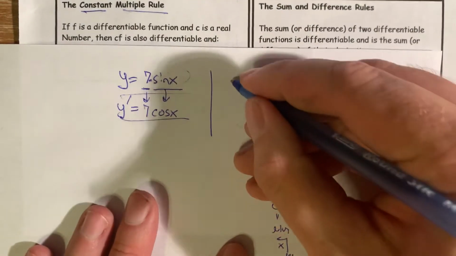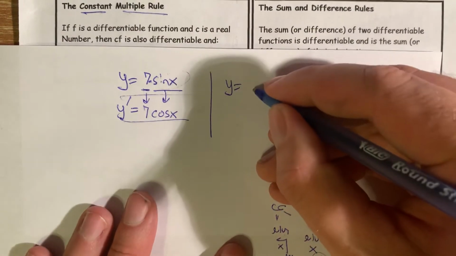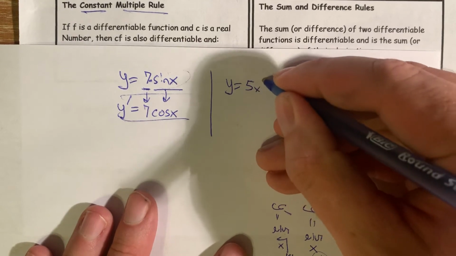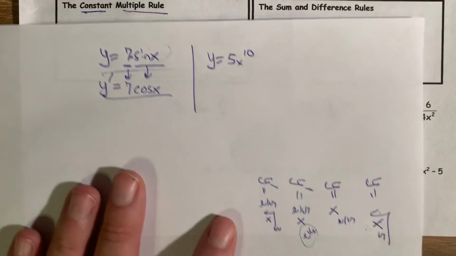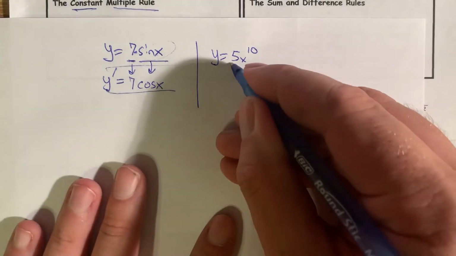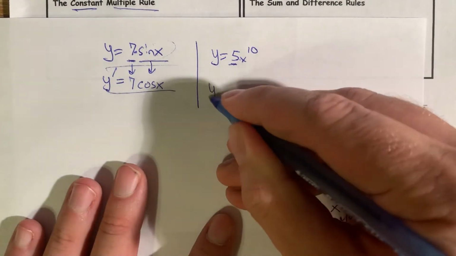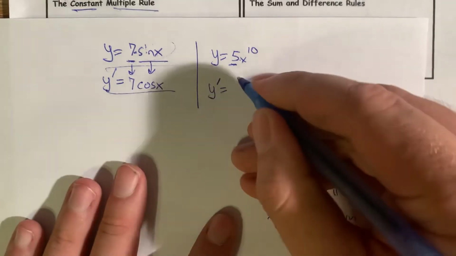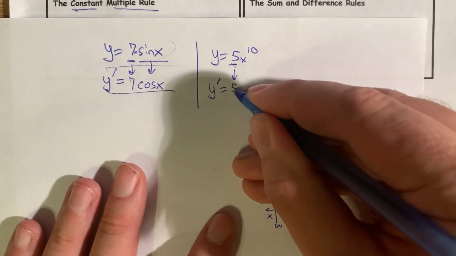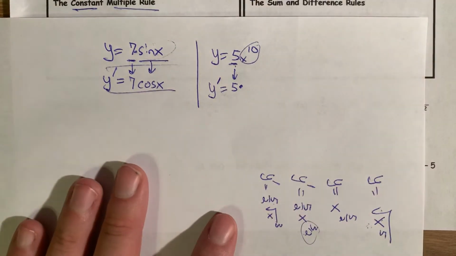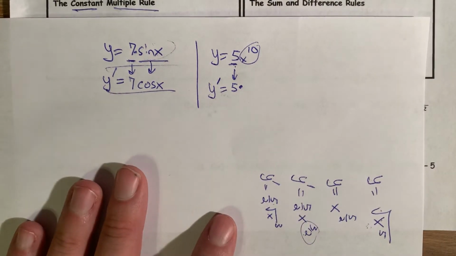One more example is y equals 5x to the 10th power. Okay, so 5x to the 10th power. Here's our constant. It is multiplying times x to the 10th. And so the rule says when you do the derivative, you leave the constant alone and you multiply by the derivative of the thing you know. And we know this derivative because it is power rule.